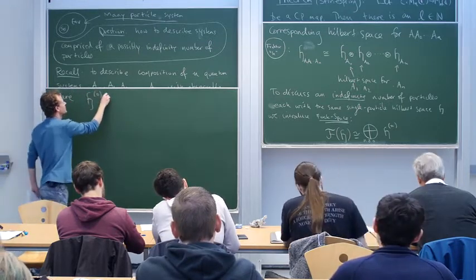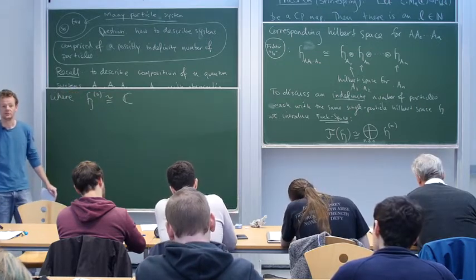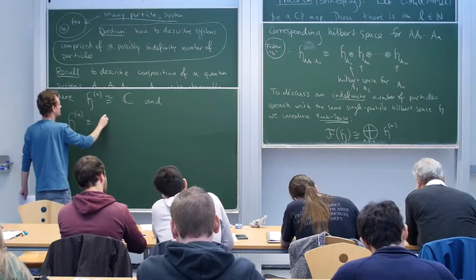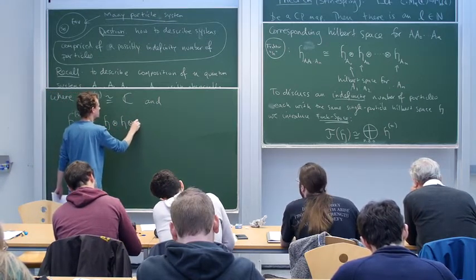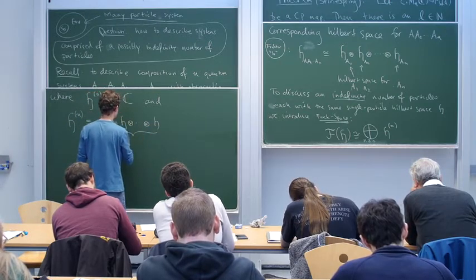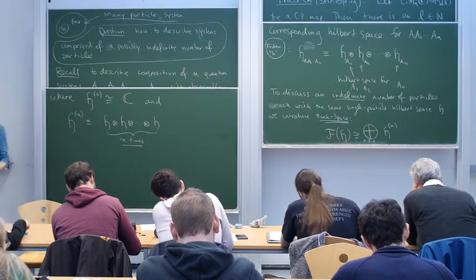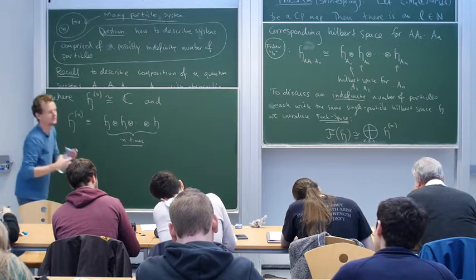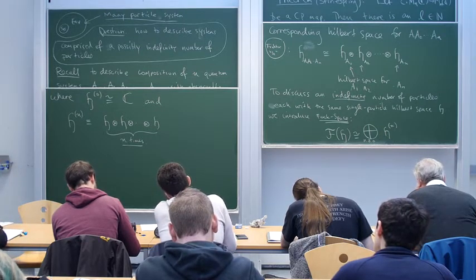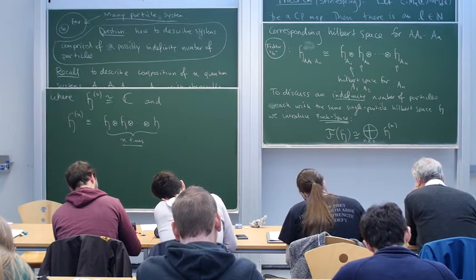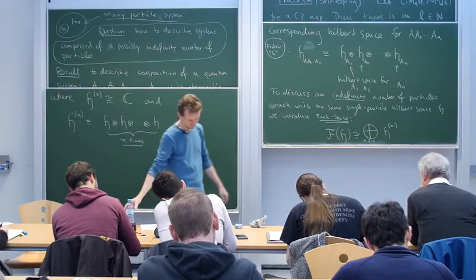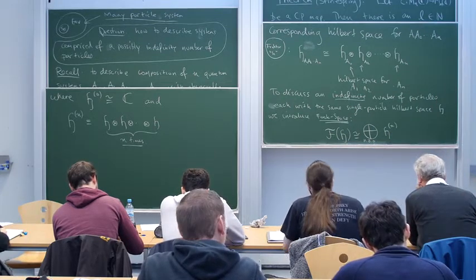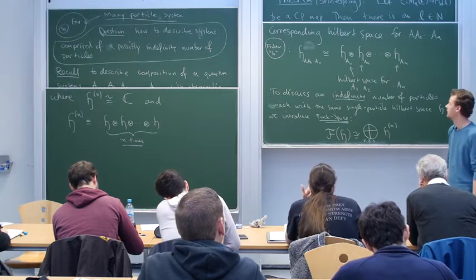Where I have to give some definitions. H naught is defined to be the complex numbers C. Hn is the n-fold tensor product of H. So this is a space.